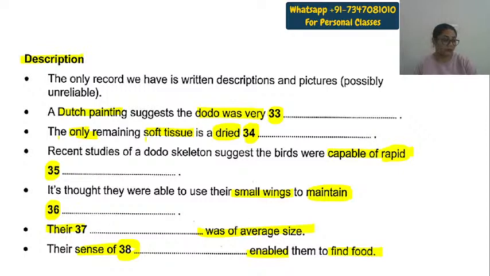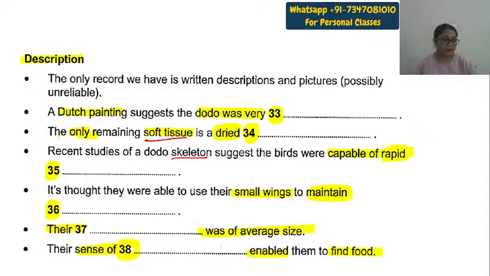In the early 17th century, 4 dried parts of a bird were known to exist. Of these, 3 have disappeared, so only one example of soft tissue from the dodo survives, a dodo head. Bones have also been found, but there's only one complete skeleton in existence. This single dodo skeleton has recently been the subject of scientific research, which suggests that many of the earlier beliefs about dodos may have been incorrect.